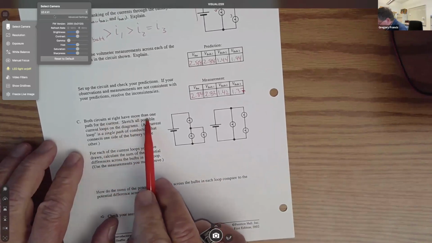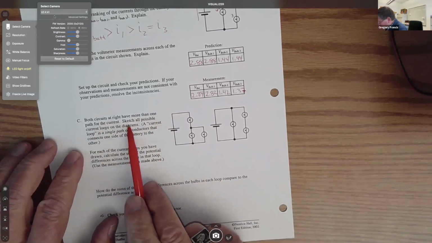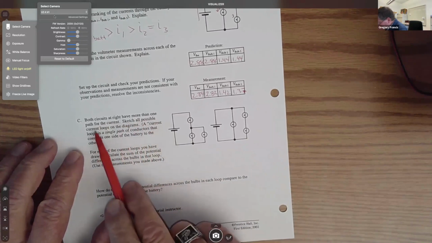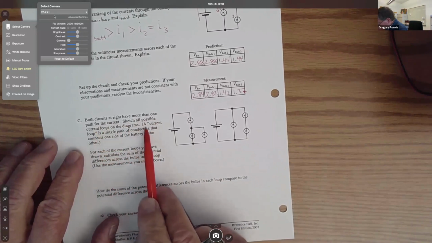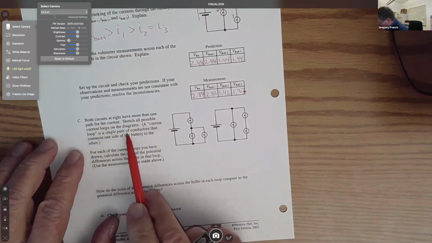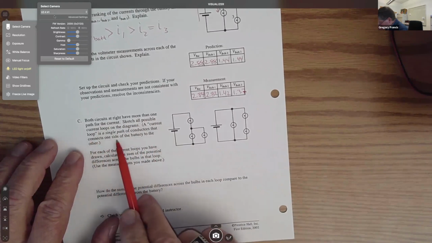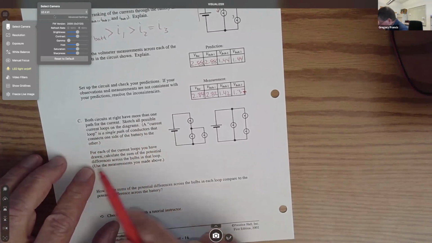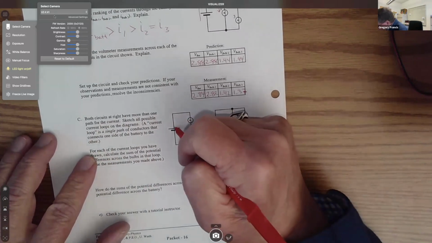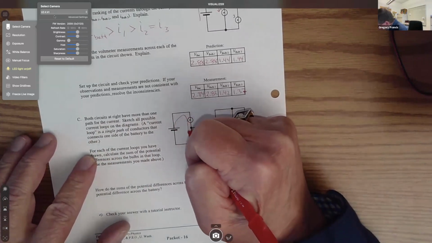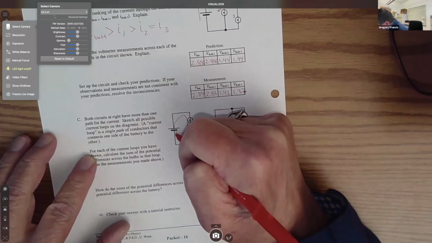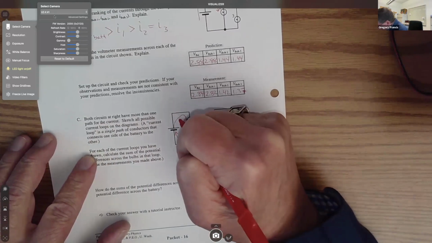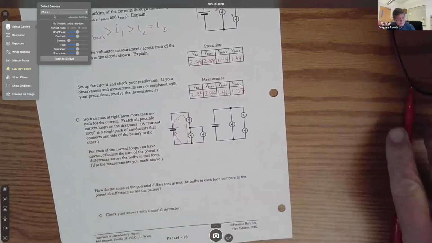Both circuits at right have more than one path for the current. Sketch all possible current loops on the diagram. A current loop is a single path of conductors that connects one side of the battery to the other. Okay, let's do that. I've got this one that I'm going to call loop 1.